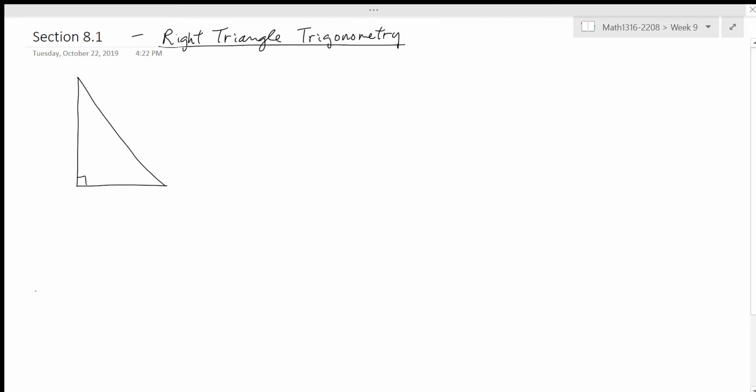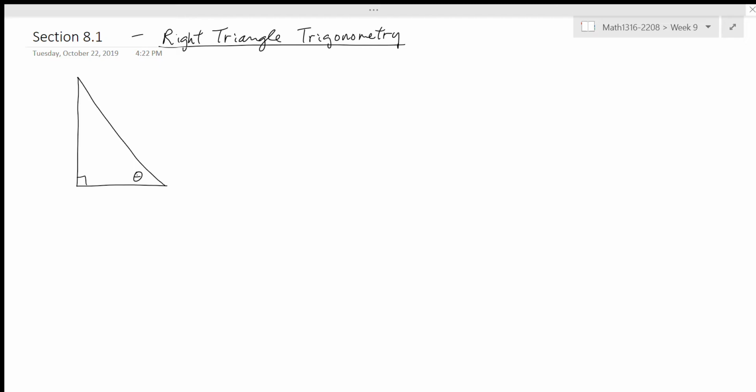So when you're doing right triangle trig, one of these two acute angles is going to be designated as theta. So in this problem, we're going to designate the bottom angle to be theta. You with me? Now, based on where theta is located, we're going to label these sides with either opposite, adjacent, or hypotenuse.